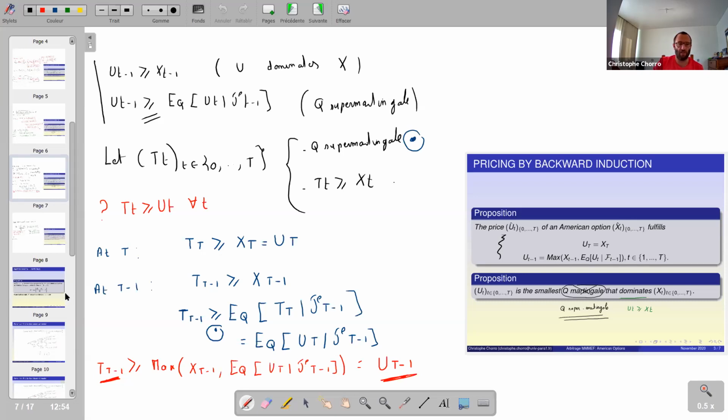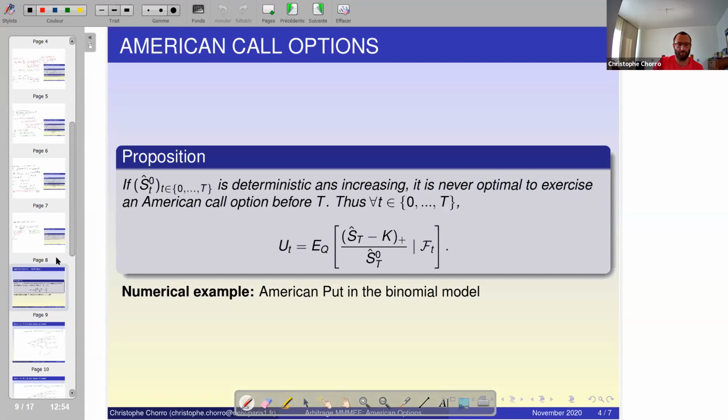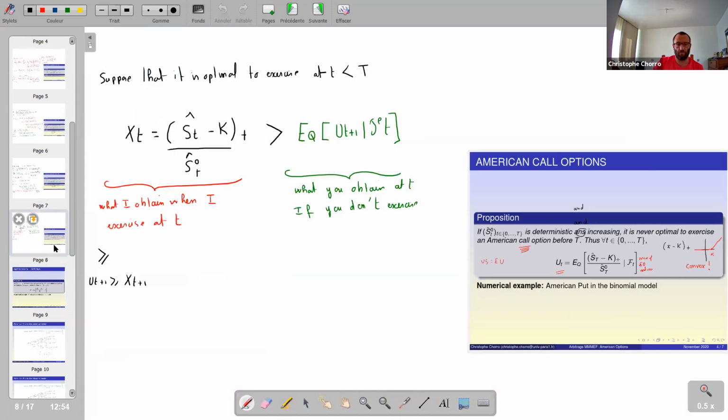I dominate x t. So this is greater than the conditional expectation under Q of x t plus 1 given ft.